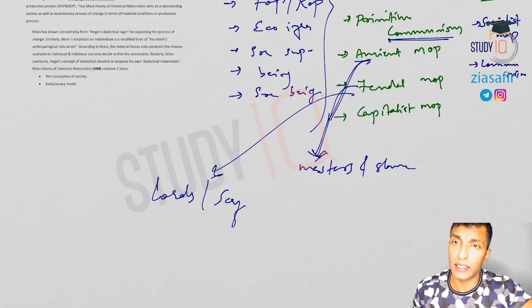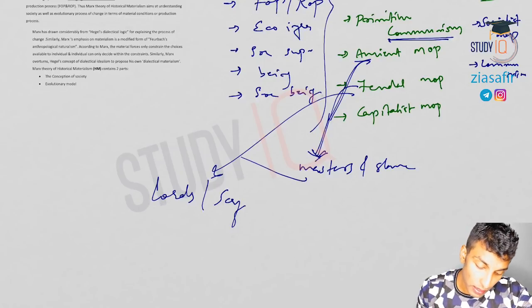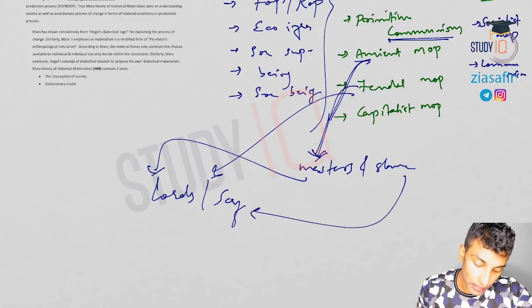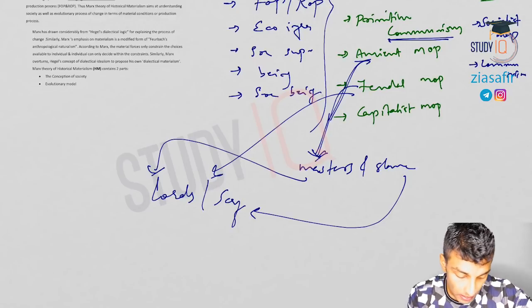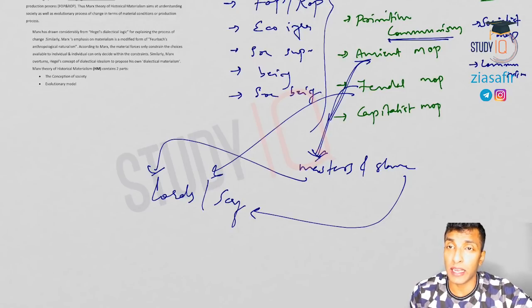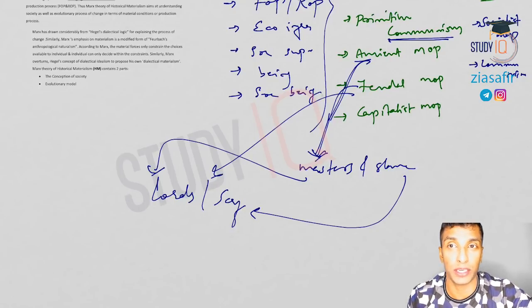So here also you can see the two classes, erstwhile masters becoming the lords, erstwhile slaves becoming the serfs. Why this is happening, I'll explain with the theory of class struggle in the next session. Here the serfs are still dependent on the masters in terms of land and protection.